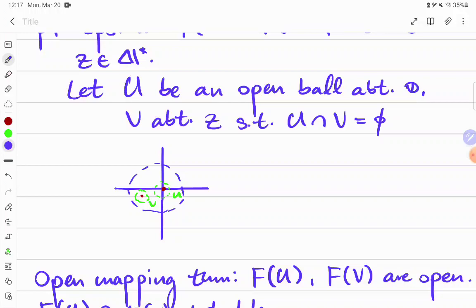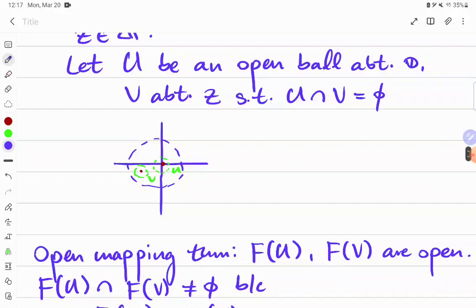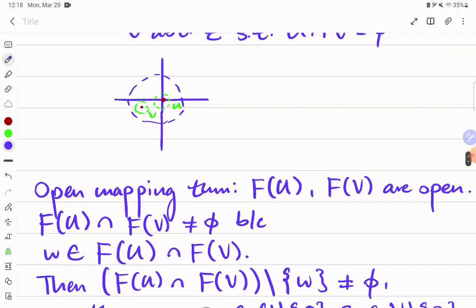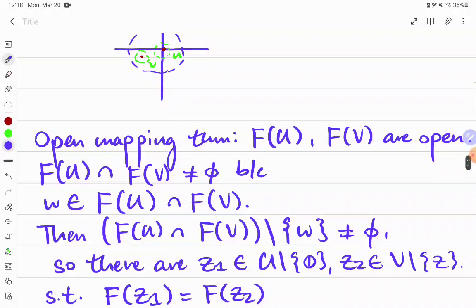What's a consequence of this? Combined with the fact that they are obviously not disjoint because w by hypothesis lies in their intersection, we know now that not only do there have to exist infinitely many points in that intersection, that is, F of u intersection F of v even minus that point w in common is not empty, we can find z1 and z2 as follows.